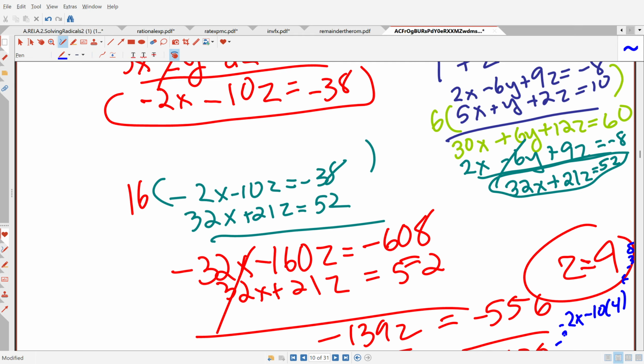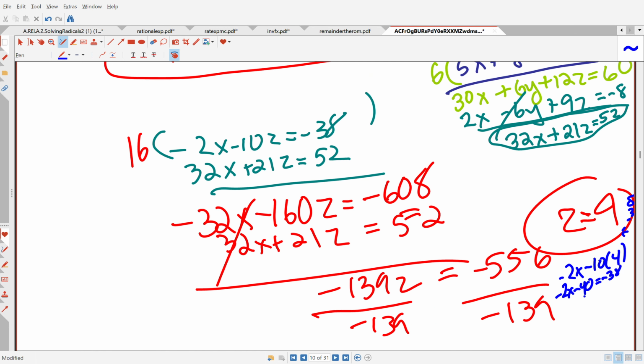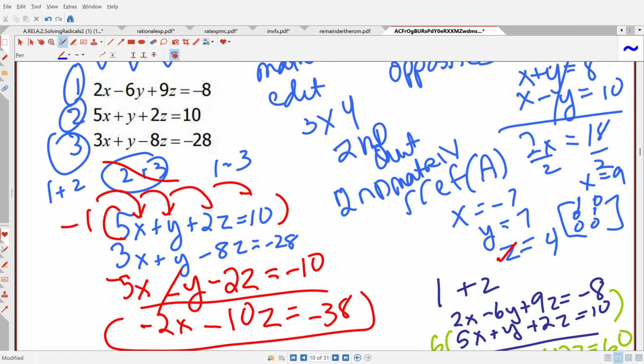Oh my goodness. So -2x minus 40 equals -38. Then to get x alone, you go to the side with the x, and the opposite of -40 is plus 40. Then you get -2x is, let's see, what's -38 plus 40? That's 2. So now I get, when I divide, I get x is -1. Now is x -1? Yeah.